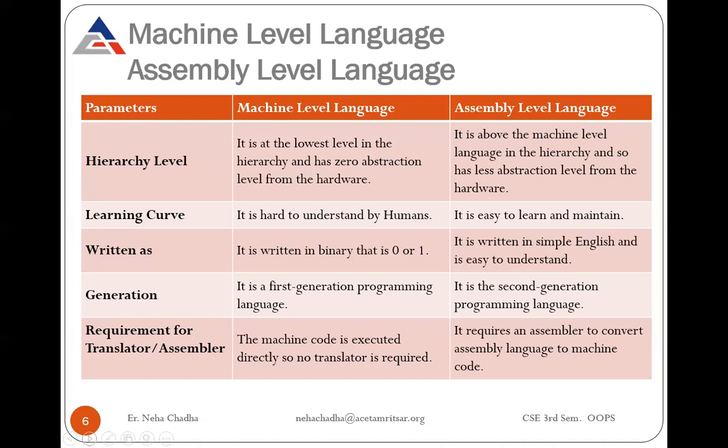Requirement for a translator or assembler: machine code is executed directly, so no translator is required. As I cleared earlier, there is a direct interaction with the hardware, so there is no need to convert your code into any other format. In assembly level language, you need an assembler to convert your assembly language to machine code.